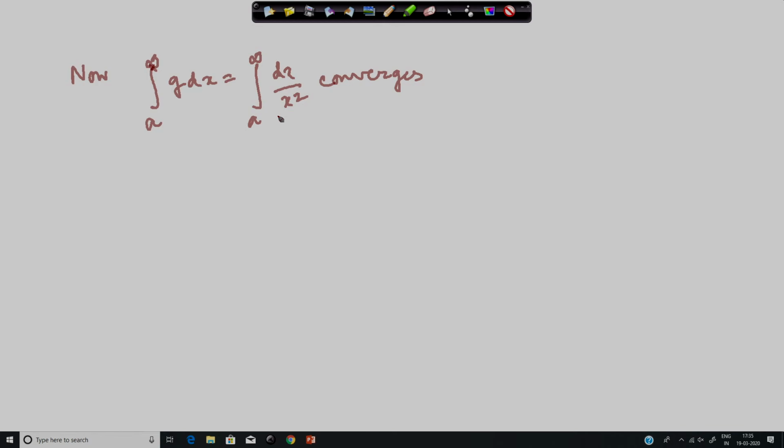So, this converges. Therefore, we can say that the integral of f dx, that is, the integral from a to infinity of x to the power alpha minus 1 e to the power minus x dx, converges.